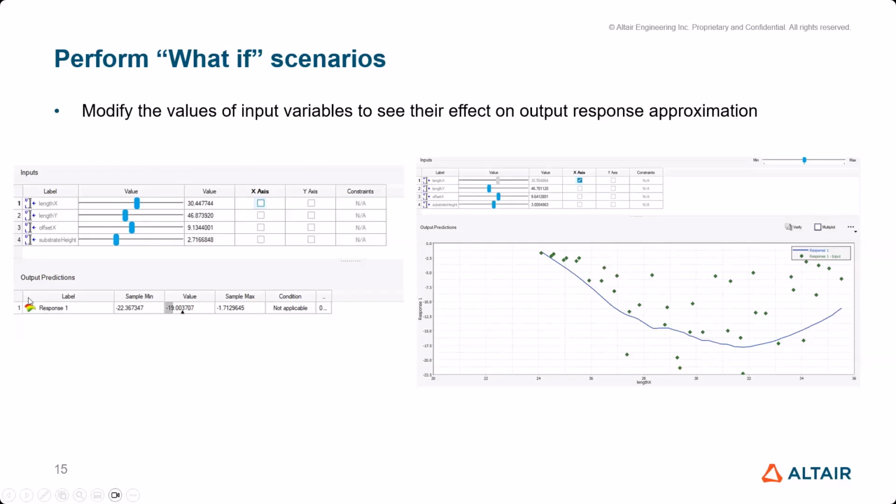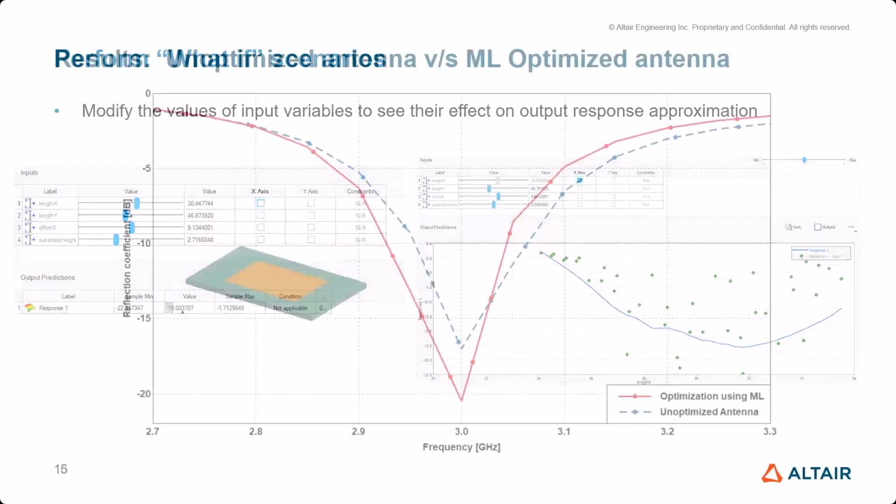Instead of running those models and spending time behind the optimization like we would do in a normal FICO run, you can just vary the values over here and look at how the response or the output would be affected.